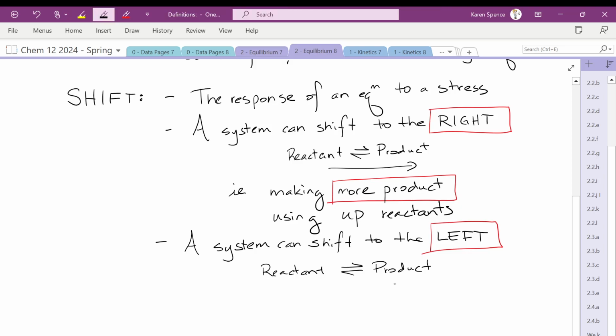From right to left, towards the reactants.